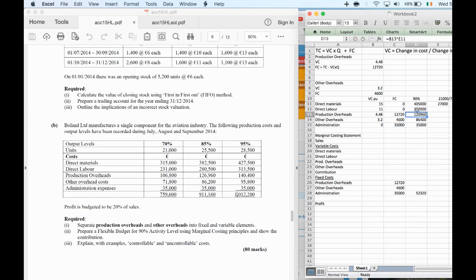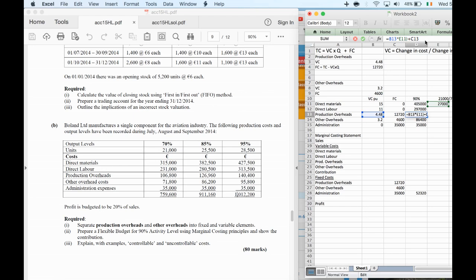Now, all I put in here for these are the variable costs, so I need to add into my formula the fixed costs as well. So if I just change this formula, let's see, plus this number here. I'll put a bracket in so that you can see what I've been trying to do here.